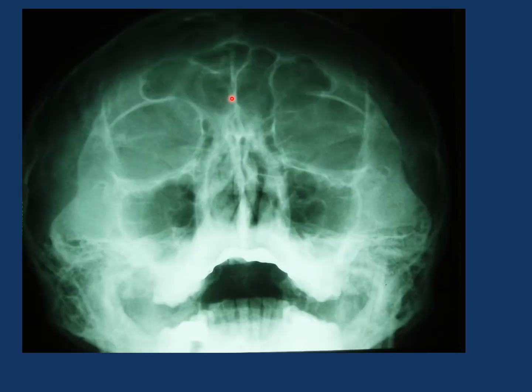And here is how it looks like. You see the frontal sinuses, you see the orbits, you see the maxillary sinuses and its wall, as well as the zygomatic bone. Here is a lateral view of the nasal bone.